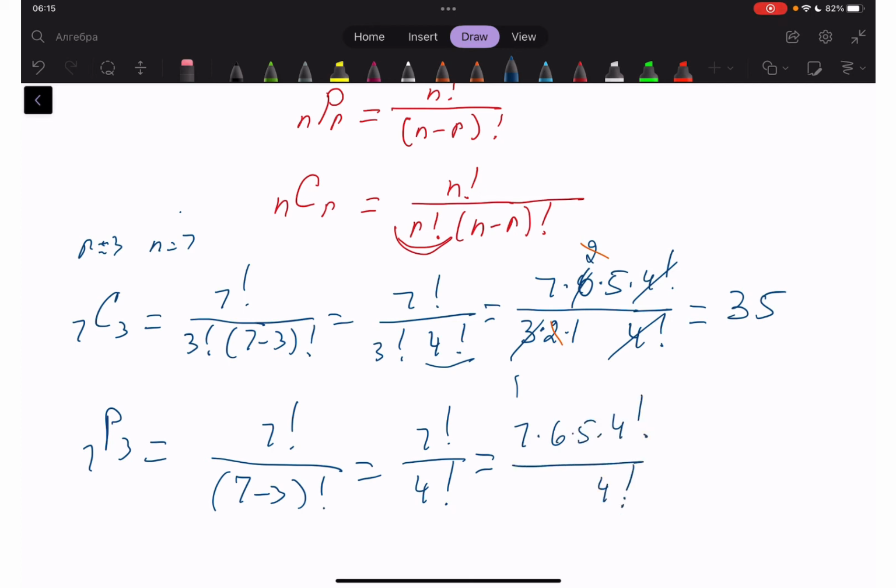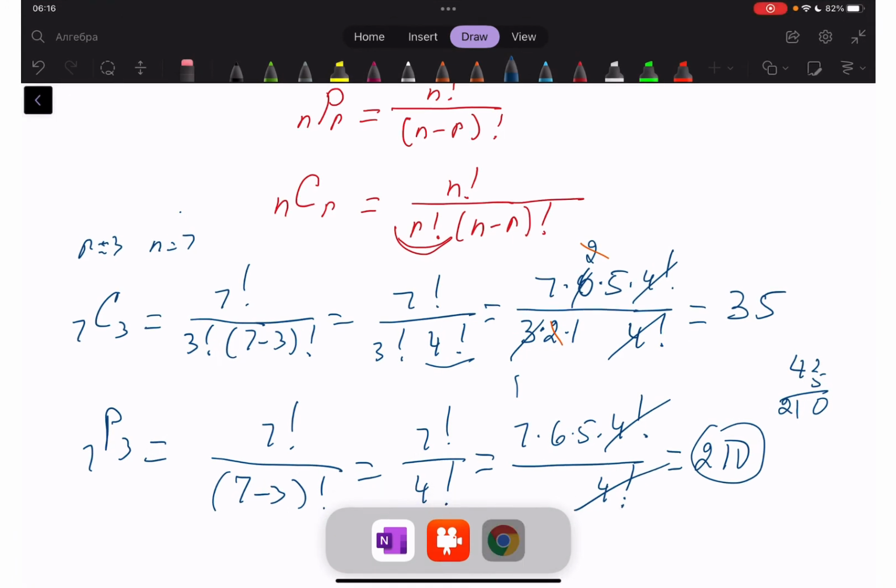Now, don't get me wrong, I can open all the way till 1, the 7, and then 4 open all the way to 1, and then cancel all 4 numbers, but it makes no sense. So 7 times 6, 42, 42 times 5, it's 210. As you can see, permutation gives you bigger number, meaning more groups you can create based on permutation. 210. Let me write down.